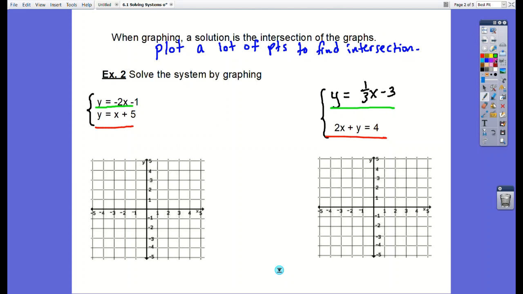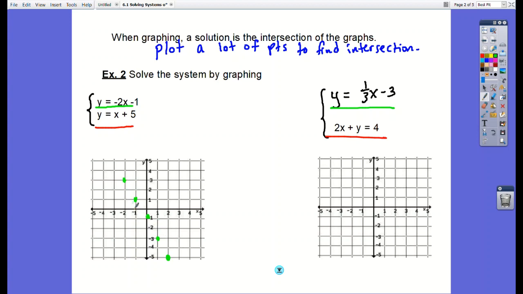All right, let's get some graphs up on the board here. So this top line will be in green, bottom line will be in red. So y-intercept of -1, slope of -2: down 2, right 1, down 2, right 1. I don't know how many points I'm going to need, so let's get a fair amount on the board. This is probably enough, right?